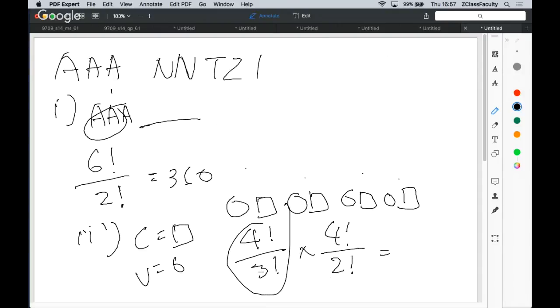So you need to divide by 3 factorial, and the same goes for this. You multiply the 2 together because there are 2 different combinations. You multiply how many ways of arranging the squares by how many ways of arranging the circles, and you get the total number of ways of arranging the letters.